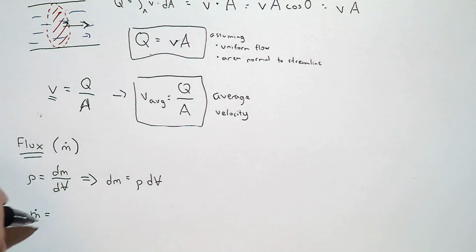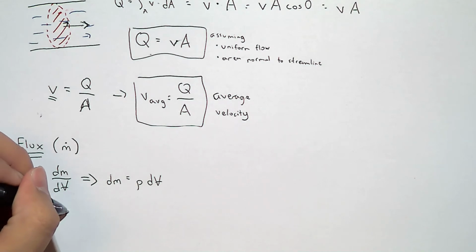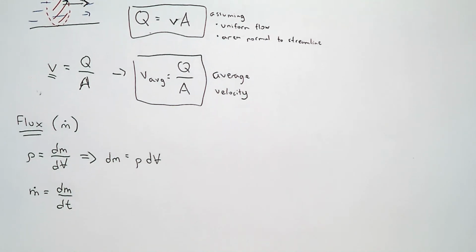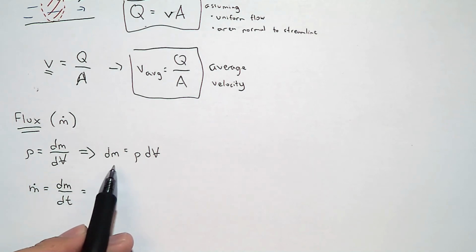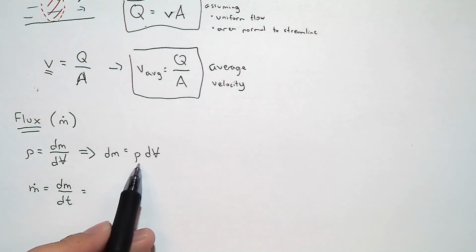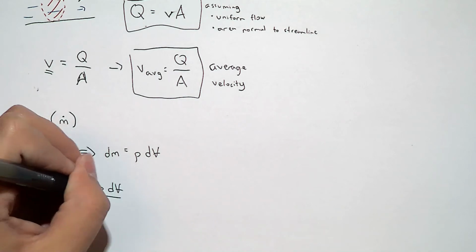That's Newtonian notation. I'm going to define my flux as simply an amount of mass that's transported over time. So dm over dt. But I know that my tiny mass, dm, is actually equal to density times a tiny volume. So I'll just write density times dv.